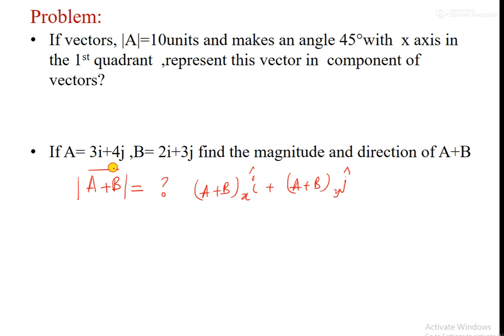This is vector A plus B. So how do we know this?